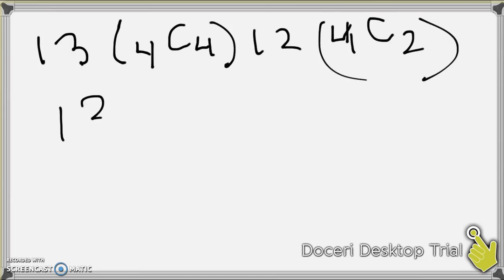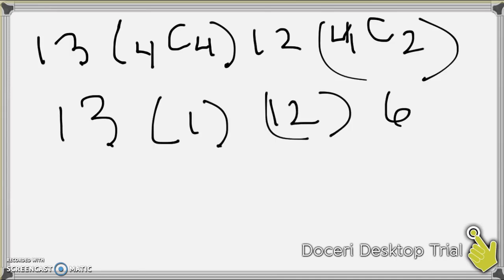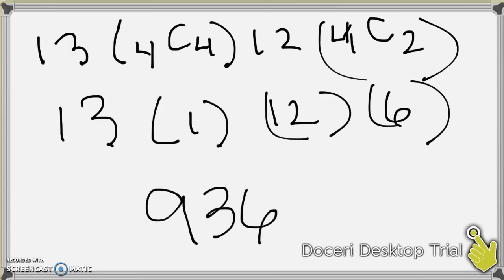So we ended up getting 13 times 1 times 12 times 6, which ends up being 936 combinations of getting 4 cards of the same denomination and 2 cards of the same denomination, the 6-card poker.